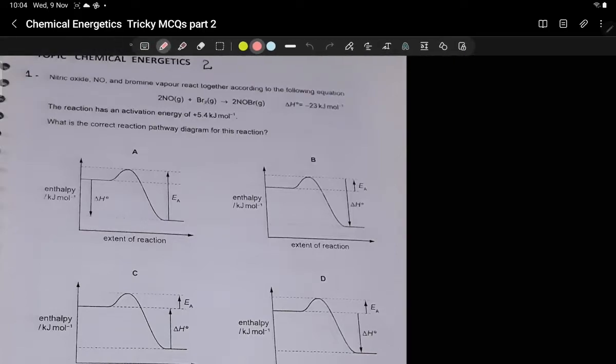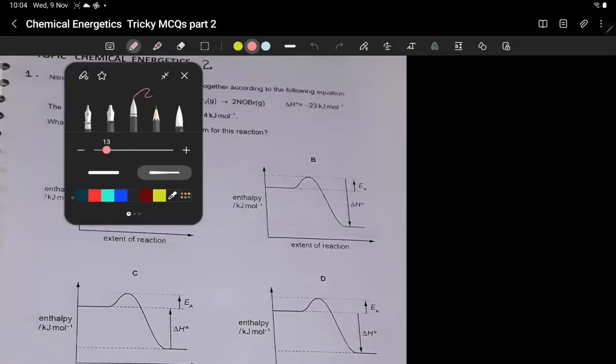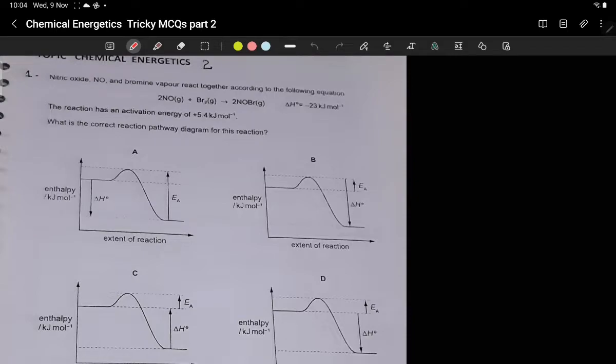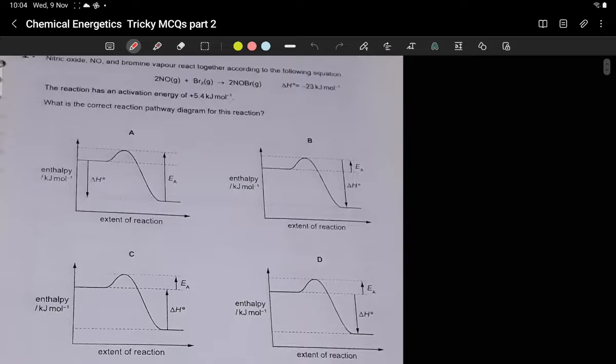Let's change the color. So first identify which profile diagram is exothermic. All profile diagrams are exothermic.